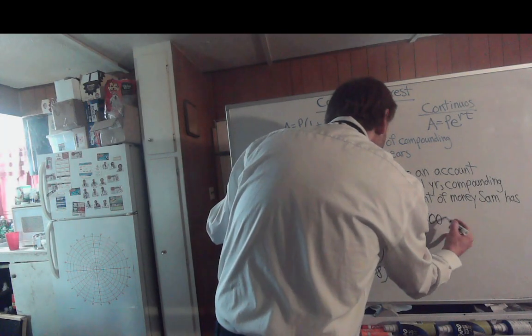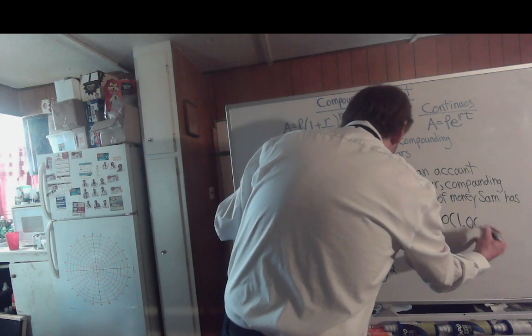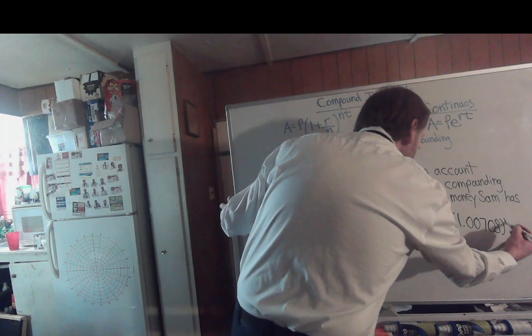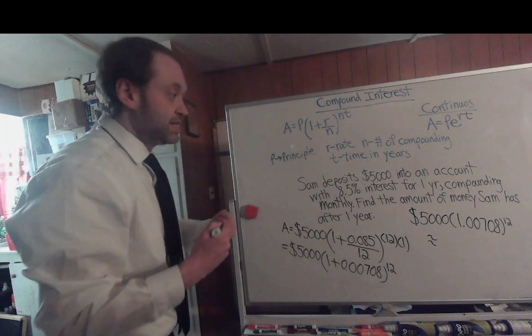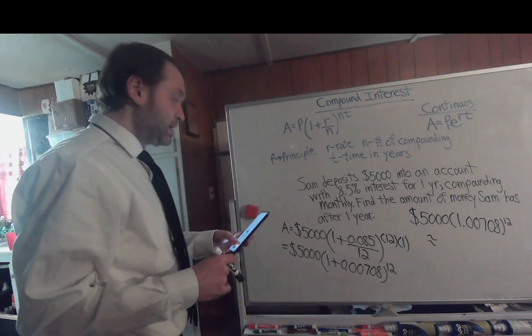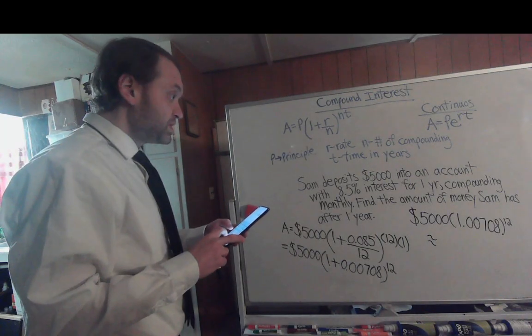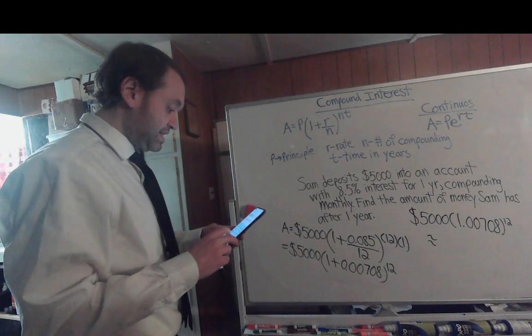$5,000 times 1.00708 raised to the 12th power, which now we can get a decimal approximation. 1.00708 raised to the 12th power, so we get that times 5,000.